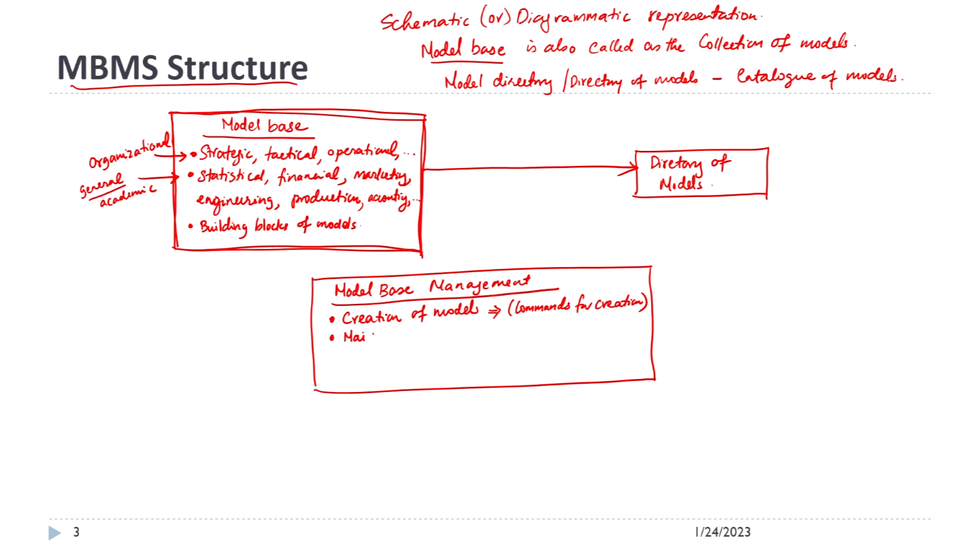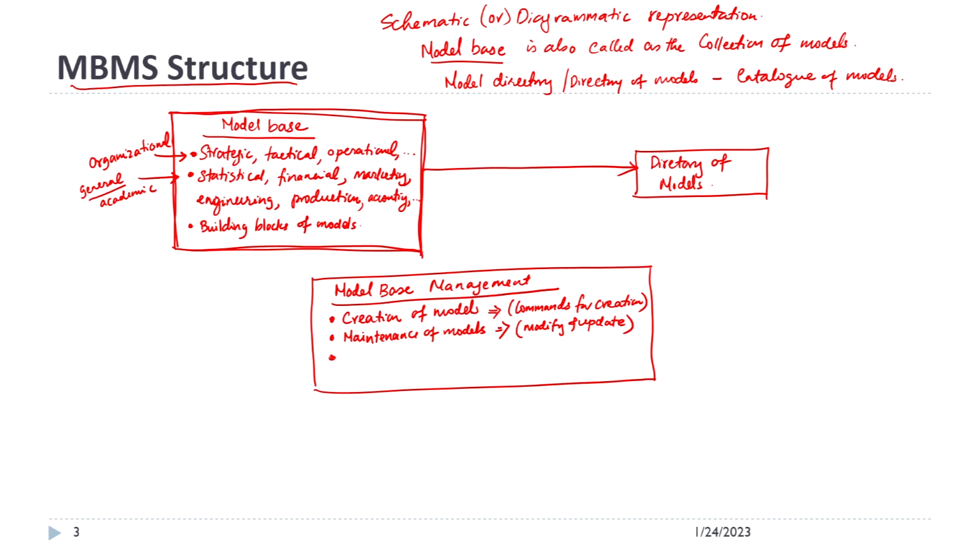This software basically does maintenance of models. This is not civil maintenance or something, it is mostly modify and update. That is the second part. So, how do you modify and update the models, which is called the maintenance of the models.